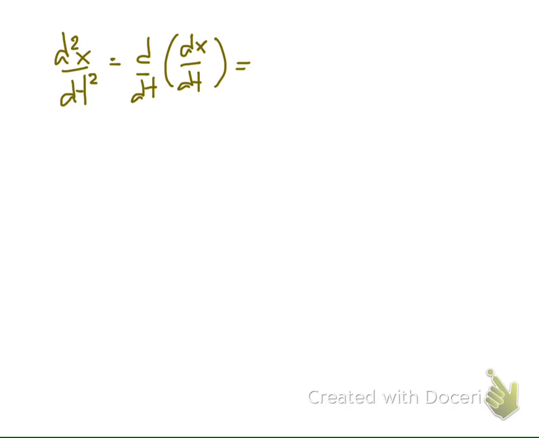Next, we will do the second derivative. d square x by dt square is equal to d by dt of dx by dt, so it's equal to d by dt of minus omega a sin(omega t plus phi).